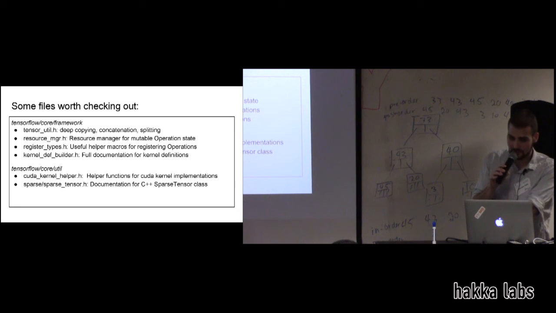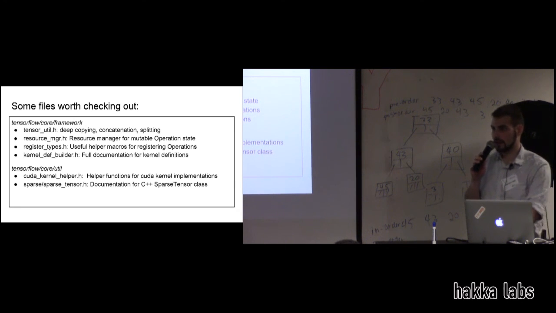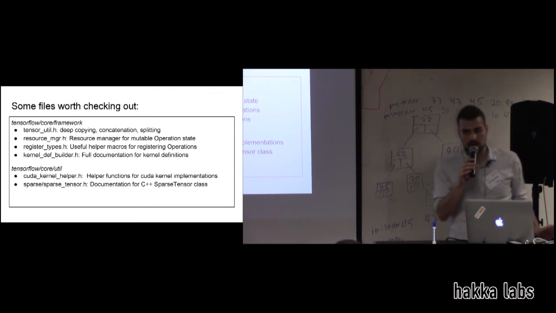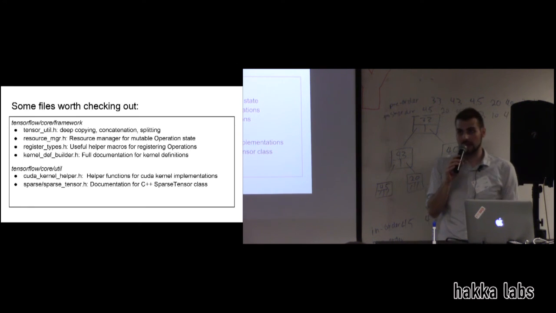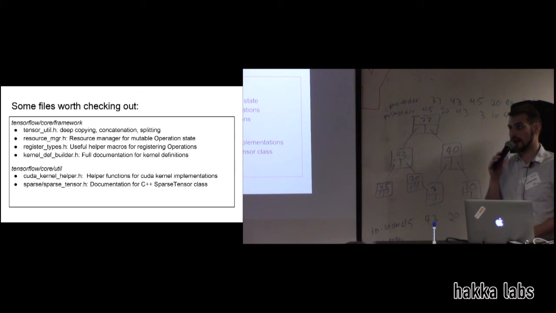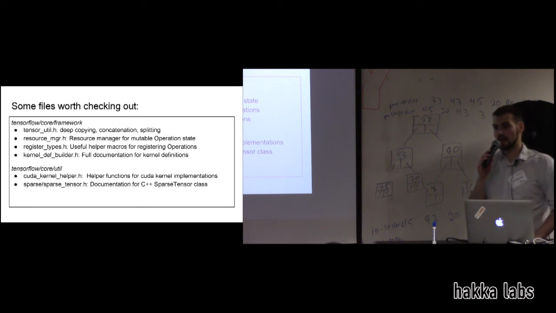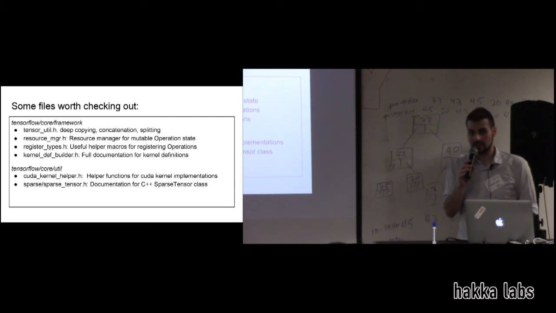There are files worth checking out. There are a lot of very cool utility files, very cool classes that are included in the TensorFlow library that aren't mentioned. There is a how-to on the TensorFlow website called adding an op, right? How do you add an op in TensorFlow? But for many purposes, it's not really complete.